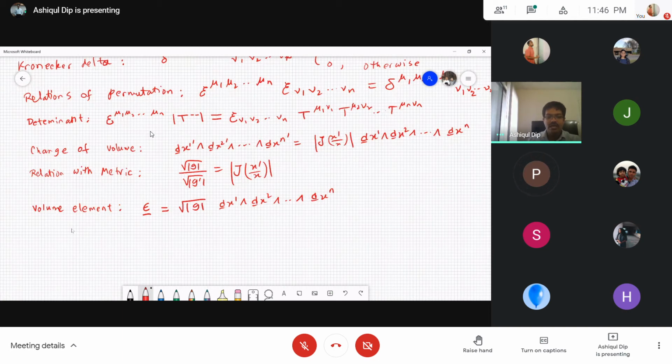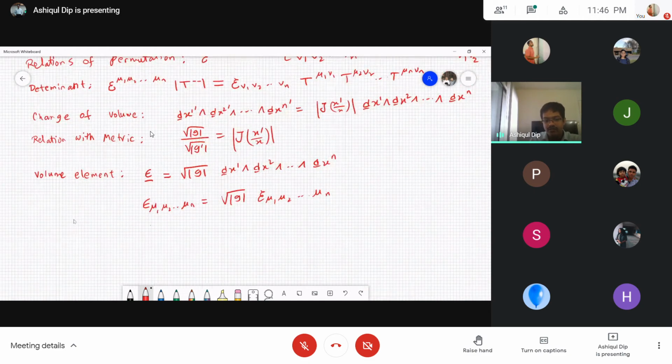The components of the Levi-Civita tensor are given by epsilon mu1 mu2 up to mu n equals the square root of the absolute value of g times E mu1 mu2 up to mu n, and its upper-indexed object is written as this thing by this thing, right?